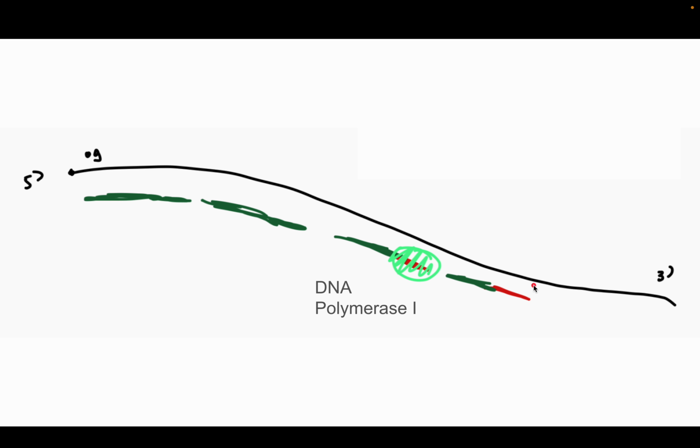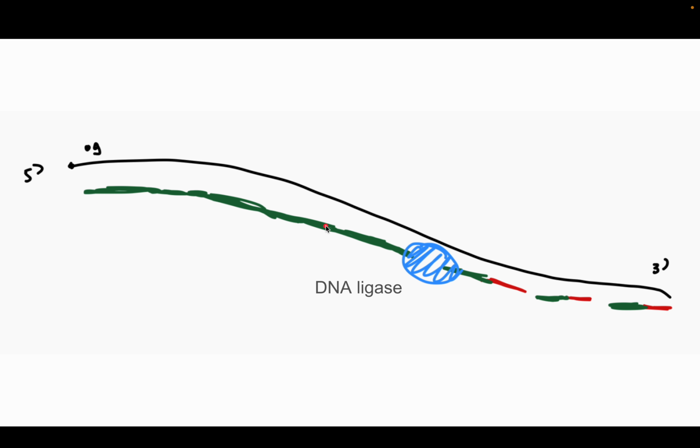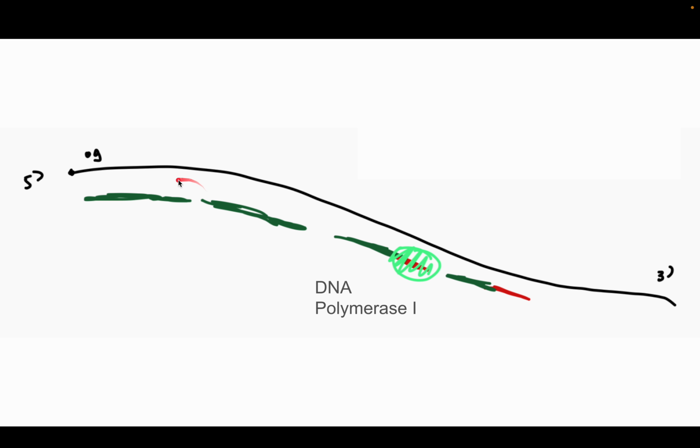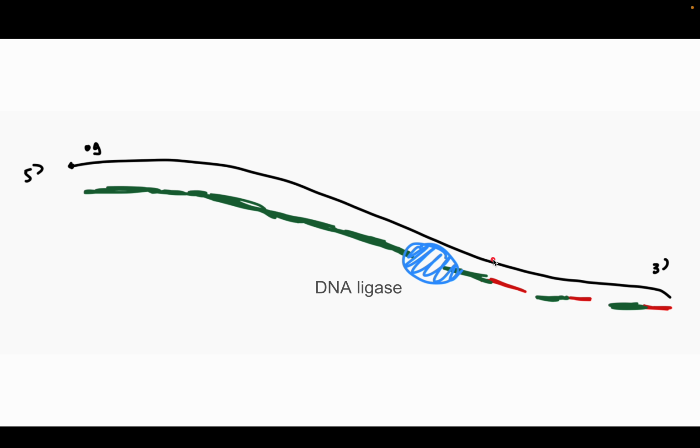DNA polymerase 1 will go in and substitute the RNA nucleotides with DNA, because we can't have random RNA nucleotides in our DNA. DNA is just DNA, pure DNA. Once it replaces all of the primers with DNA, we need to connect these fragments somehow. And ligase comes in and connects these fragments.